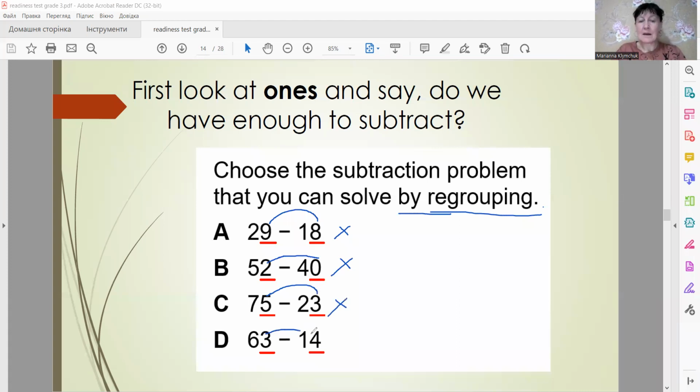And here, 3 minus 4. If you have 3, can you take 4? No. So we need to borrow. We need to borrow from here. That means that we need to regroup. Yes, here we need to regroup because we need to borrow. Okay? That's it. This is how we solve that. And I was teaching this. So just review.